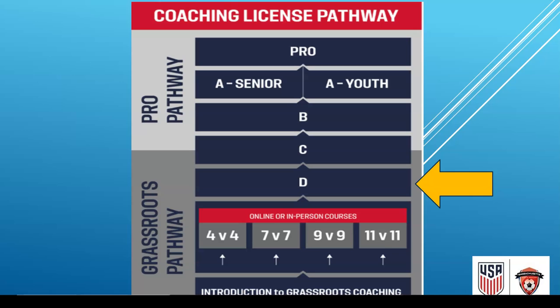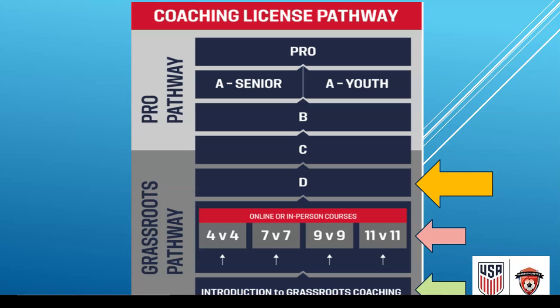There are a few steps which need to be completed prior to registering for the D-License. First, which most of you have completed if you have taken any of the grassroots courses, is completing the Introduction to Grassroots Coaching. This is a brief online presentation which will introduce you to the grassroots format.